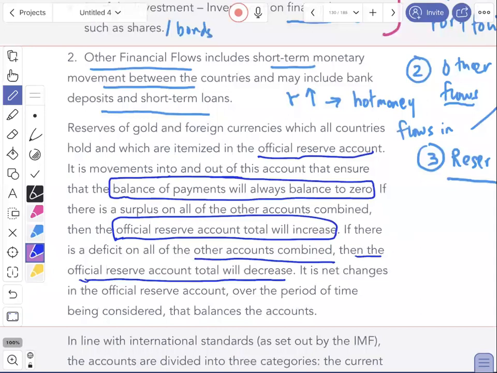So Zainab is asking us, why do we owe to the foreigners? Well, Zainab, think of it this way: if you bought a car from the Japanese, you have to pay them in the foreign currency like yen. Normally you should have enough foreign currency in your country to pay the foreigners.